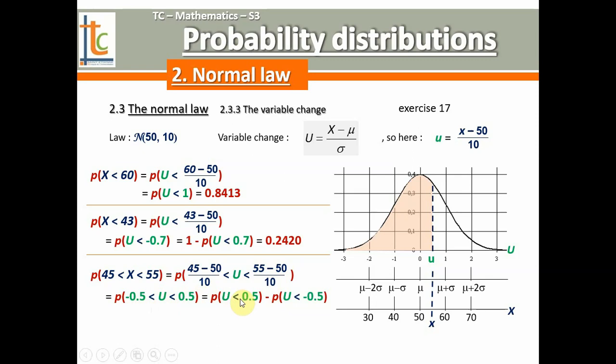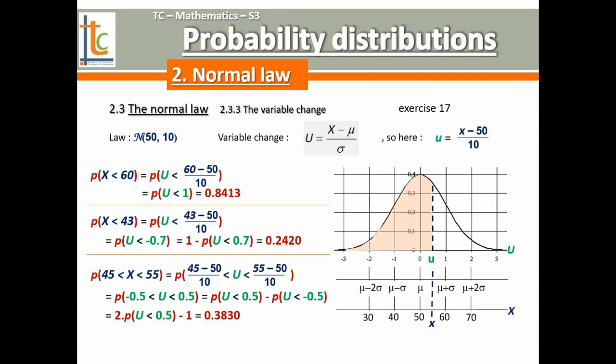So it's P(U < 0.5) minus P(U < negative 0.5). The first one can be read on the table, not the second one, which has to be transformed into 1 minus P(U < 0.5). So P(U < 0.5) appears 2 times in the calculation. That's why there is a 2 here: 2 times P(U < 0.5) minus 1. That will be the result of the transformation of this writing, and the numerical result will be 0.383.